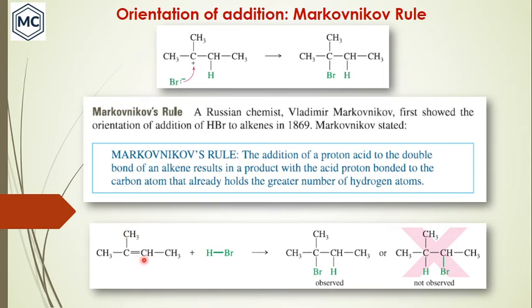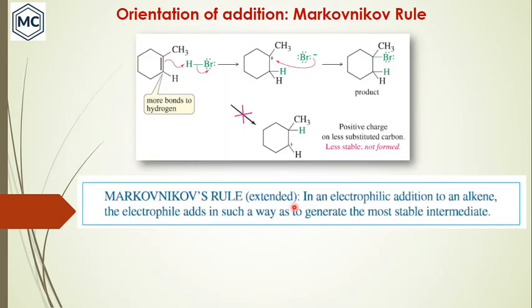In this particular example, this carbon has one hydrogen atom, and there is no hydrogen here. So the positive part goes to the carbon having more hydrogen atoms. It goes here, not here. That is the Markovnikov Rule.